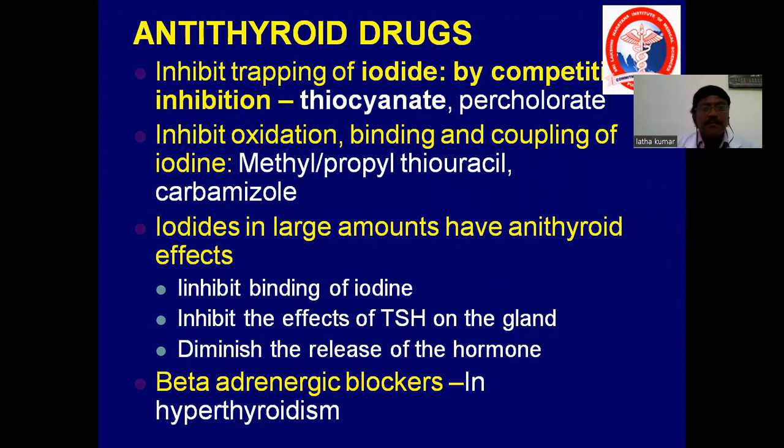Anti-thyroid drugs: inhibiting trapping of the iodide by competitive inhibition, thiocyanate and perchlorate inhibit the iodide trapping, inhibit the oxidation, binding and coupling of the iodine: methyl thiouracil, propylthiouracil, carbimazole. Iodine in large amounts has antithyroid effects. It inhibits the binding of iodine, inhibits the effects of thyroid stimulating hormone on the gland, and diminishes the release of the hormone. Beta-adrenergic blockers are used in hyperthyroidism.